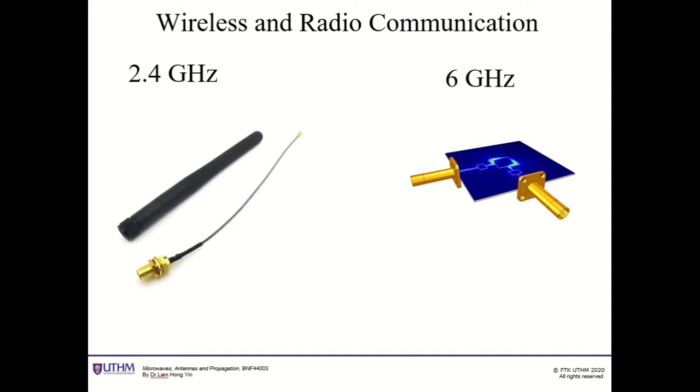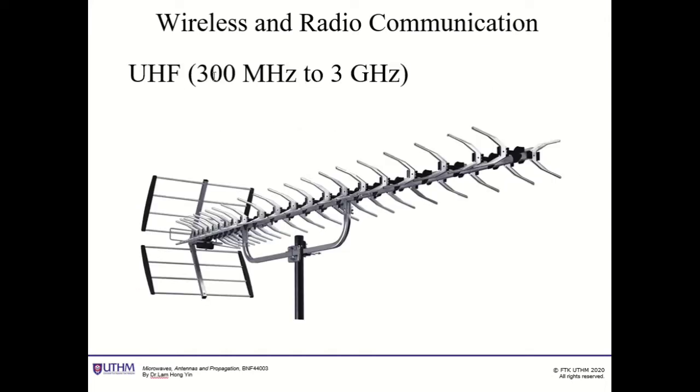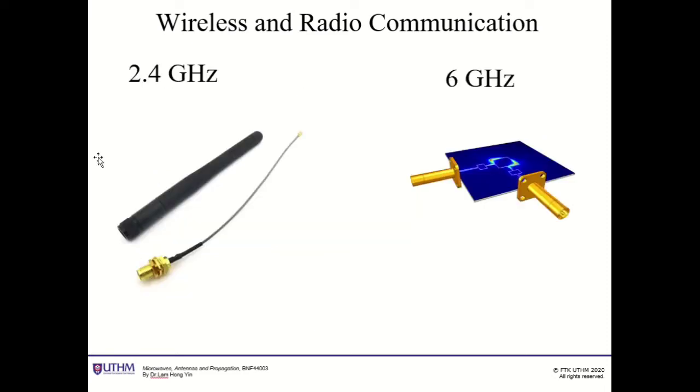UHF is 300 megahertz to 3 gigahertz, while the microwave band starts from 3 gigahertz until 30 gigahertz. Above that, we call it the millimeter wave band, which starts from 30 gigahertz until 300 gigahertz.